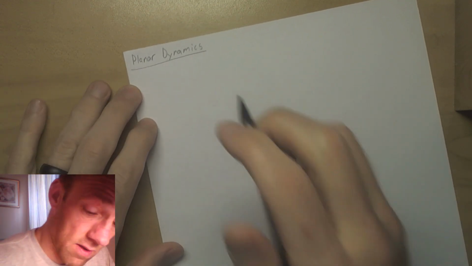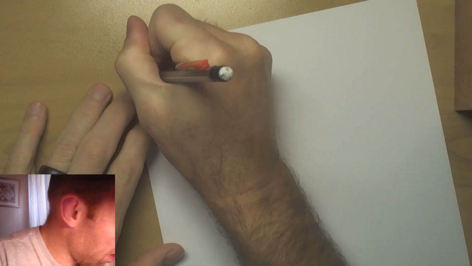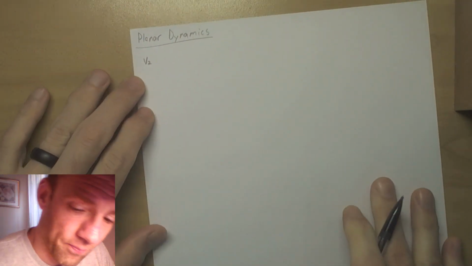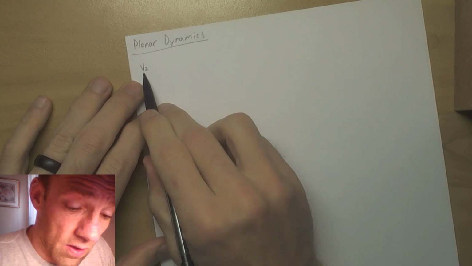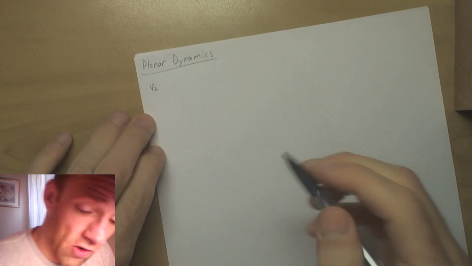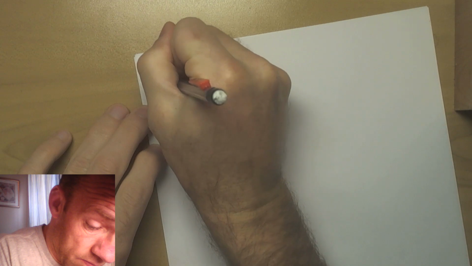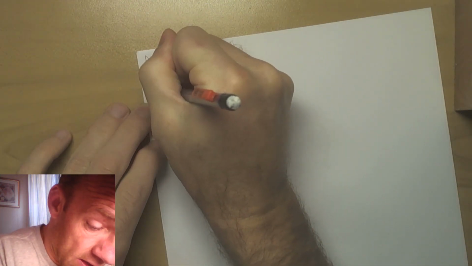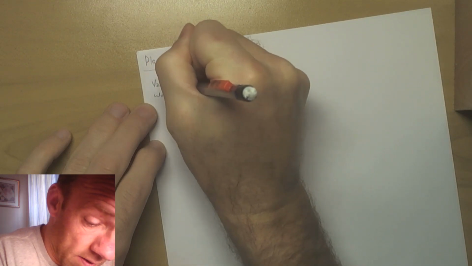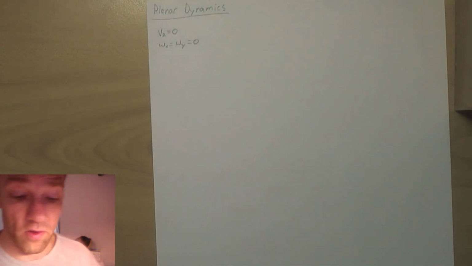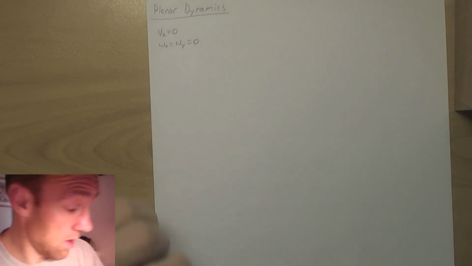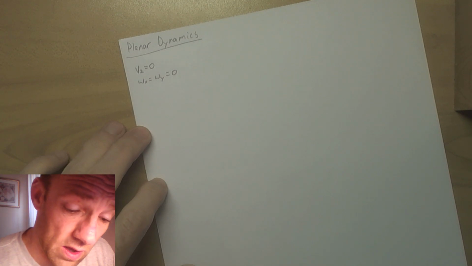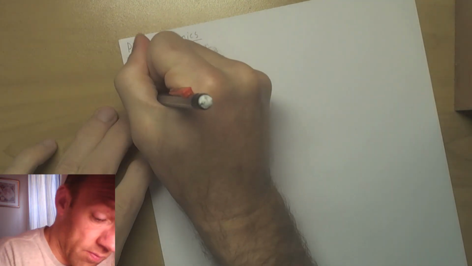That means any motion, if we're talking about the xy plane, any velocity in the z direction is equal to 0, as well as any rotation in the x or y directions is 0. So that leads to a simplification for the equations of motion.